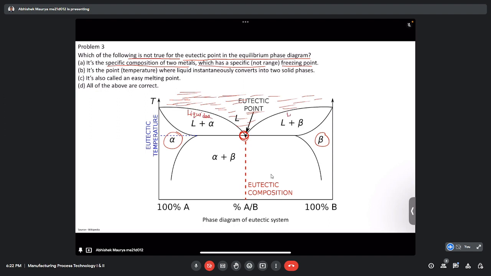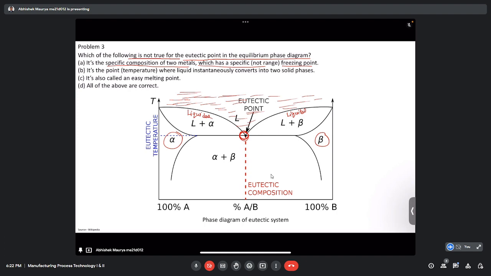Here also it is liquidus. And here, liquid plus beta. So basically two types of phases form at different compositions.